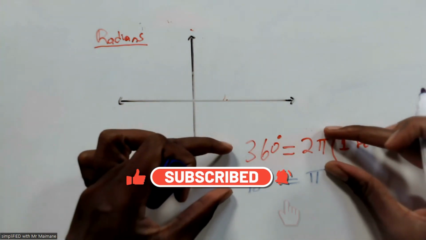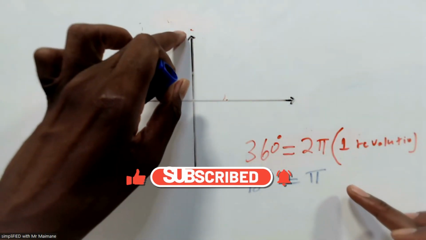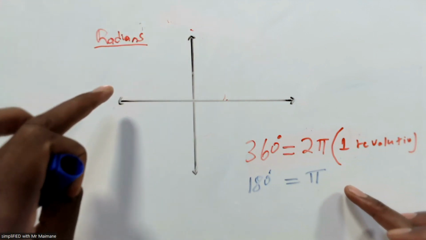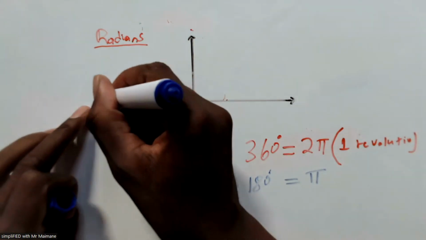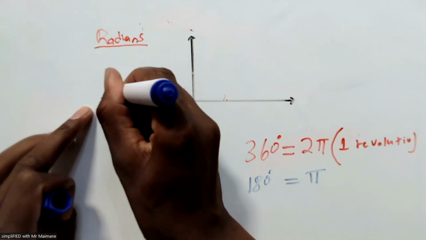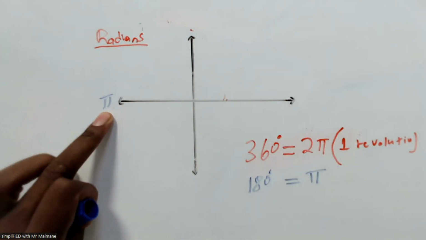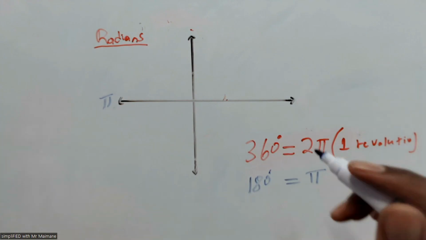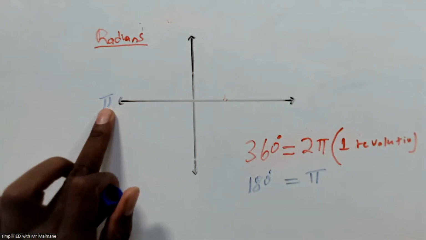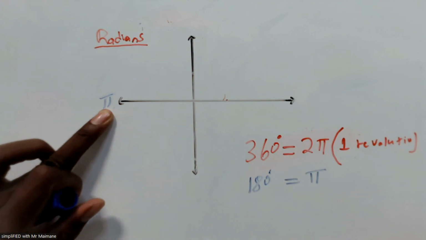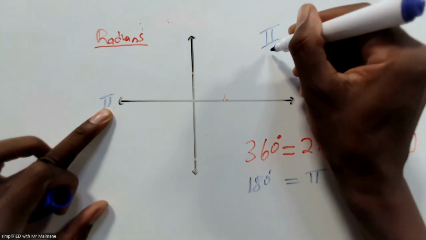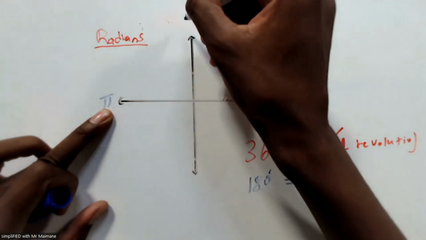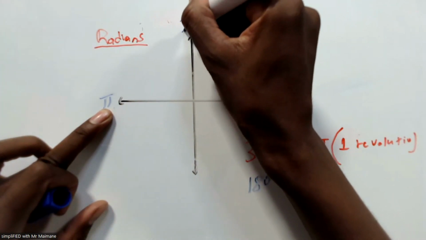So with this conversion factor, you can get what 90 degrees is in terms of radians. With 180, we already know it is pi. But how do we get 90 then? 90 is 180 divided by 2. So in terms of radians, this is going to be pi over 2.